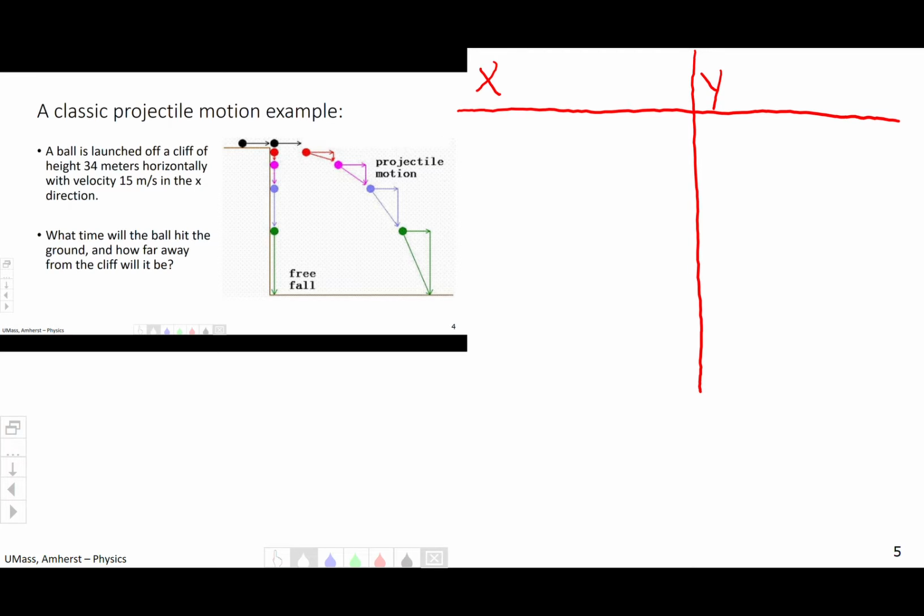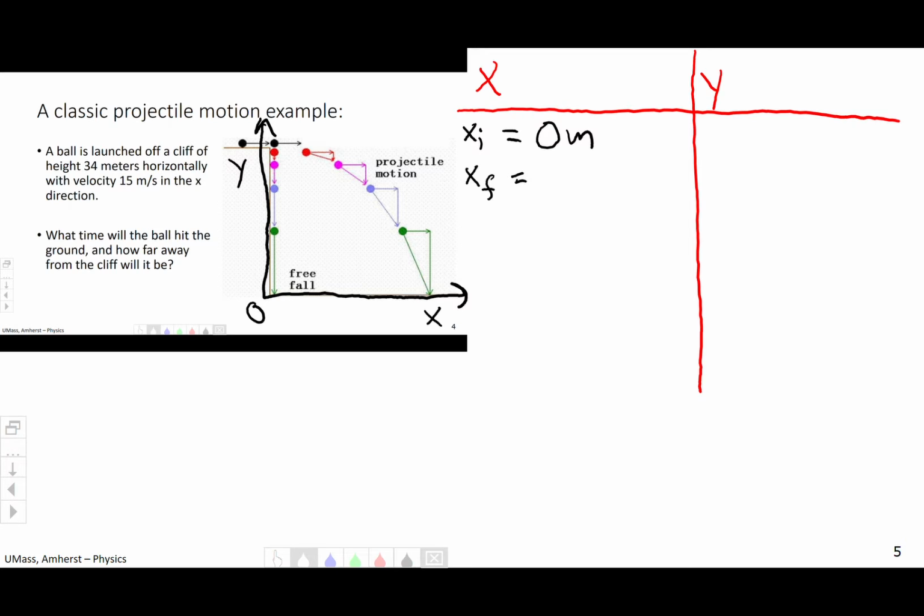So let's start with the x. Let's make our coordinate system like this. We have 0 here, and this is the positive x, and this is the positive y. Our x initial position, since we are starting up here at the top, is going to be 0.